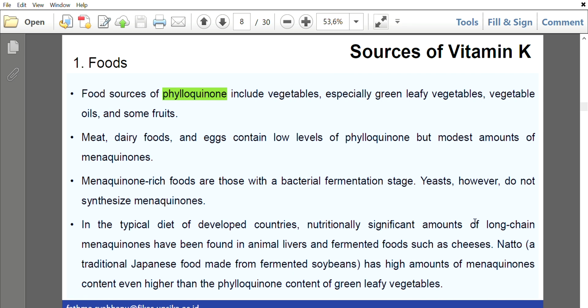Menaquinone-rich foods are those with a bacterial fermentation stage. Yes, you have to memorize it.